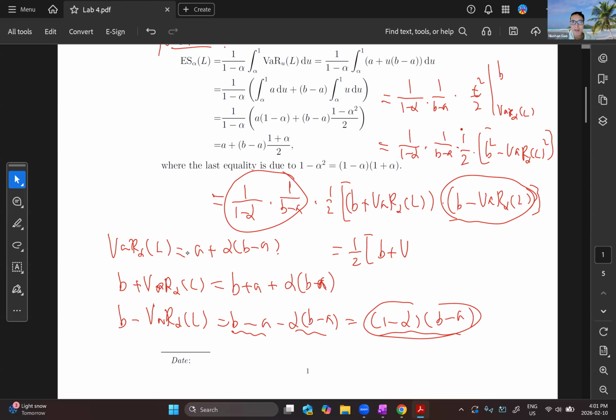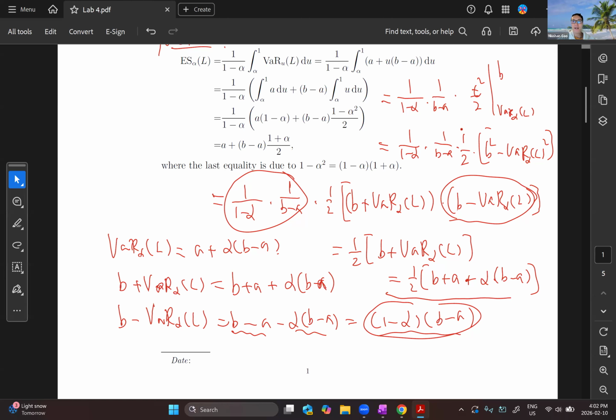B plus value at risk alpha of L, which equals a half of B plus A plus alpha times (B minus A).